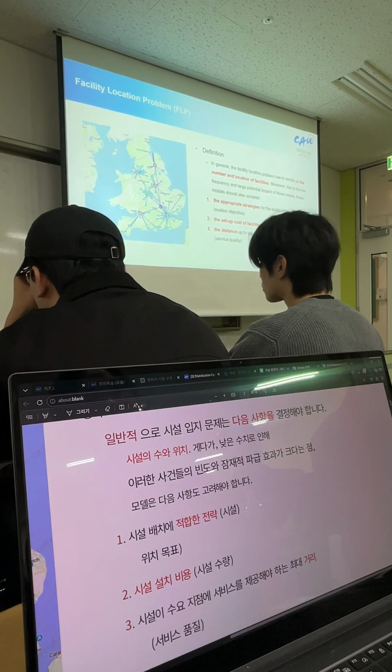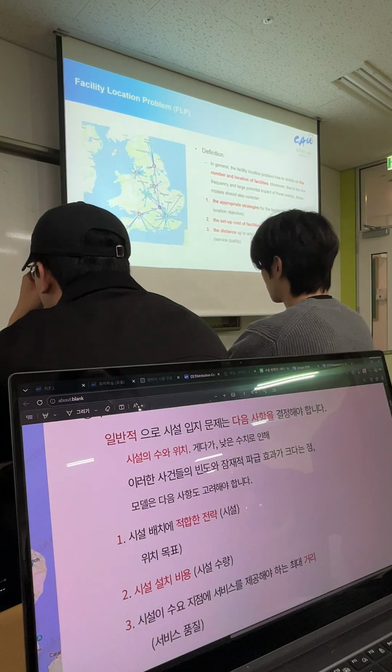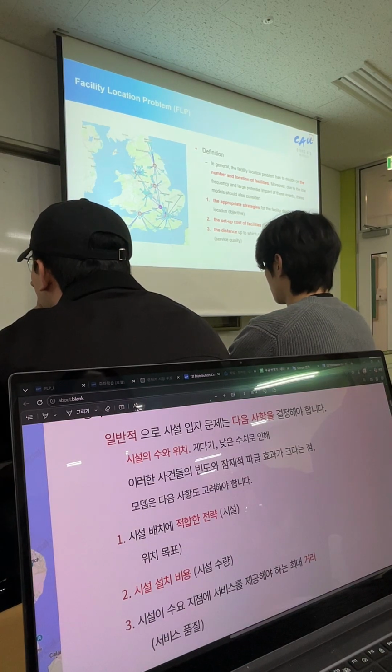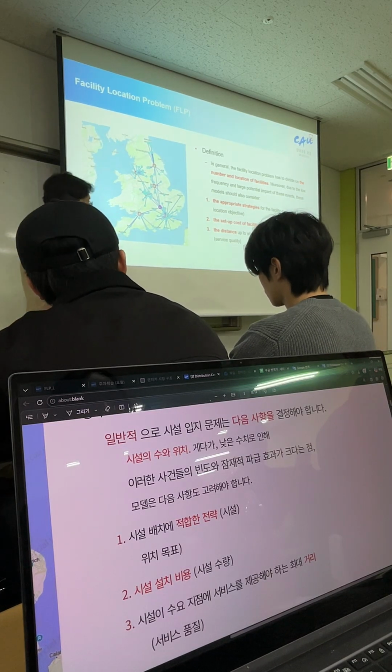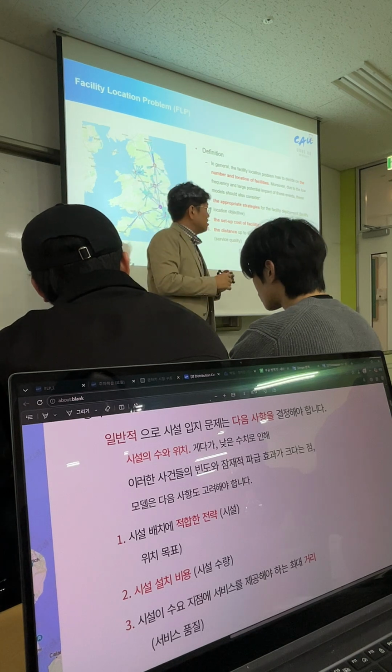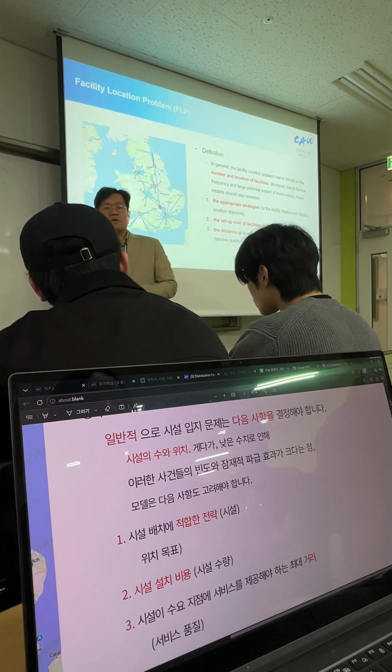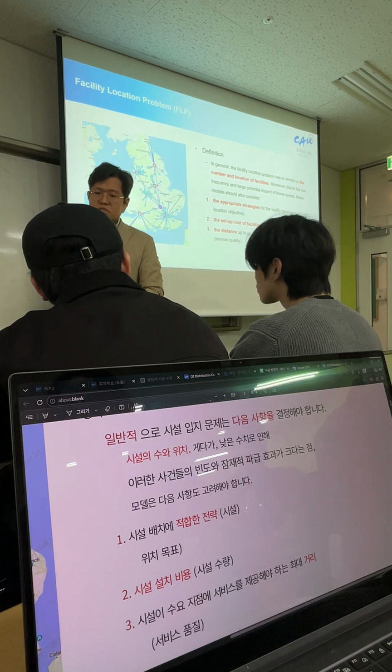And then the last one is constraint. Constraint is very important because we are studying an industrial subject.